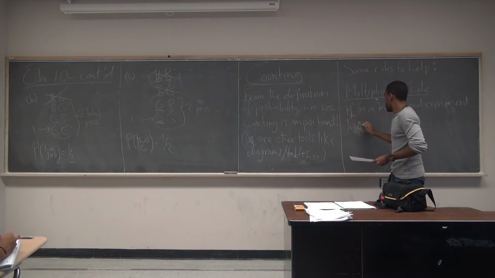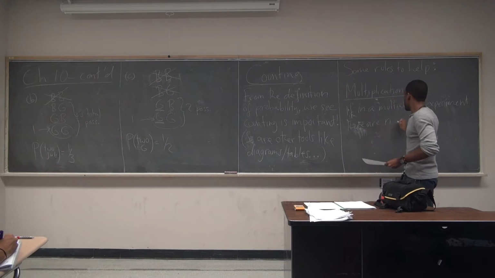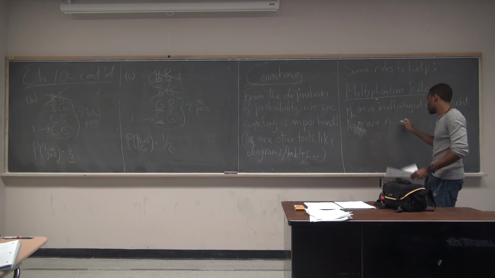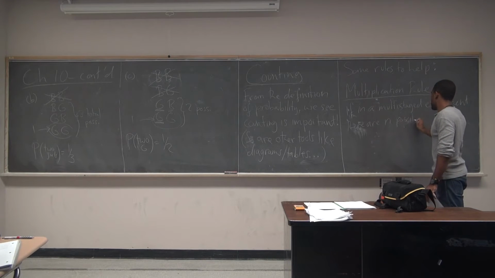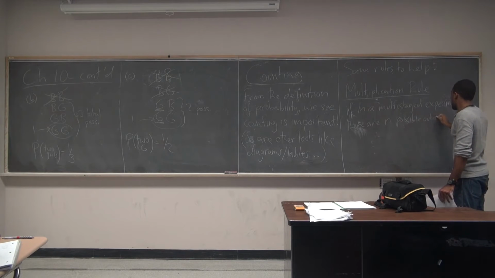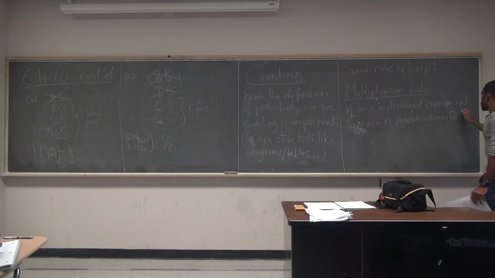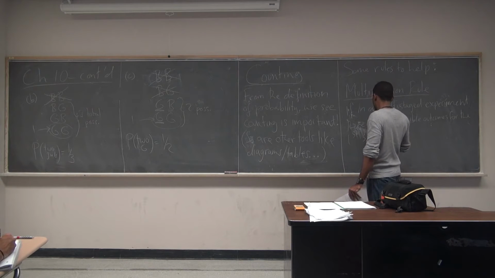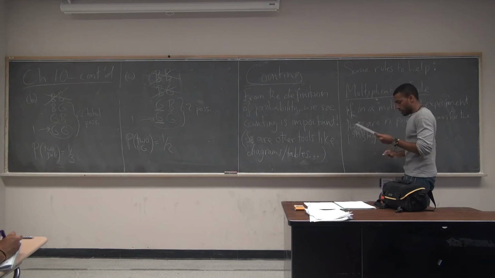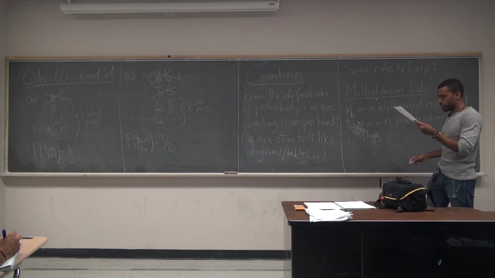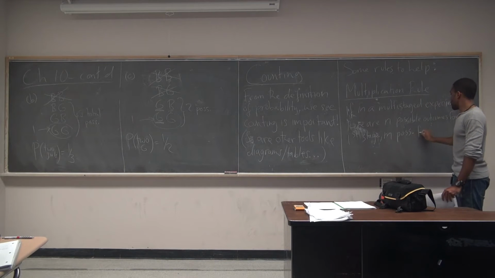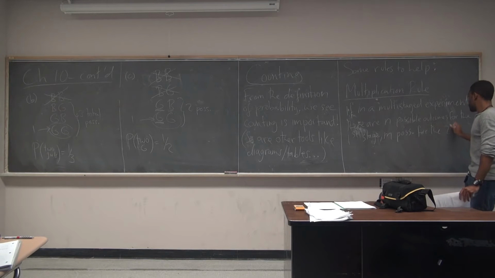There are n options or possibilities, n possible outcomes for the first stage. What notation do I use? N possible for the second stage.